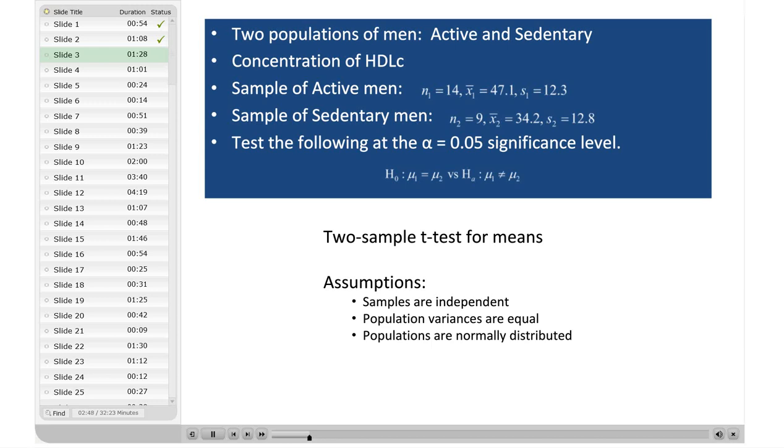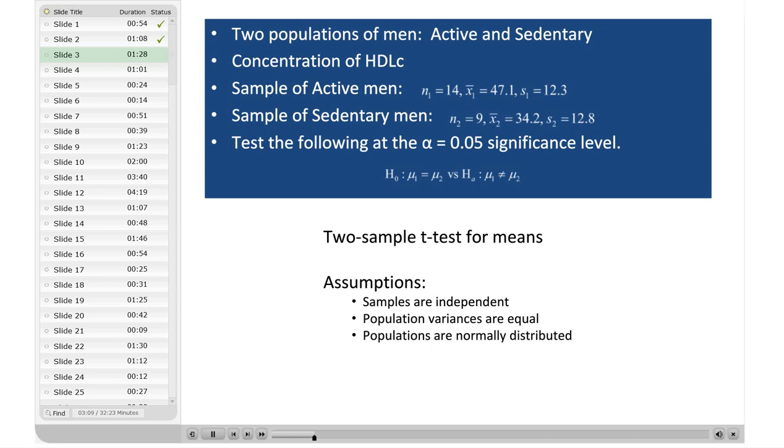And once you're dealing with two independent samples, you need to think about whether your variances are equal or different. Now, for you guys, your homework problems are going to tell you specifically whether you're dealing with equal variances or different variances. But in practice, you can actually conduct a statistical test to make that determination.